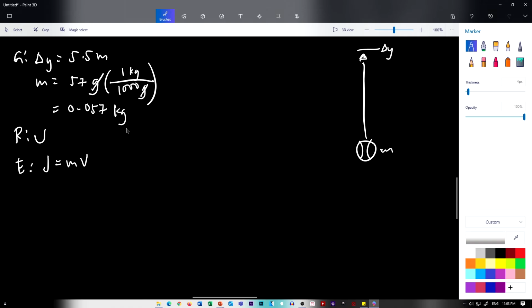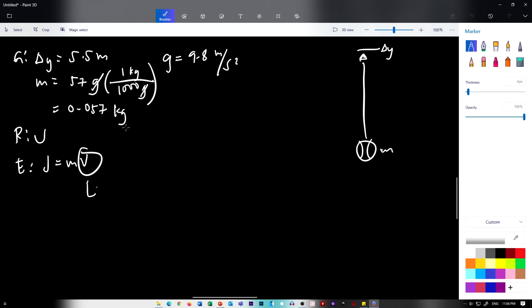Okay, so let's derive, no? For us to obtain velocity, we can first look at our scenario. We have displacement, then of course we have this magical number, the acceleration due to gravity. So we can obtain that.